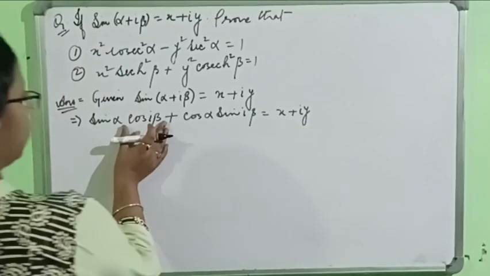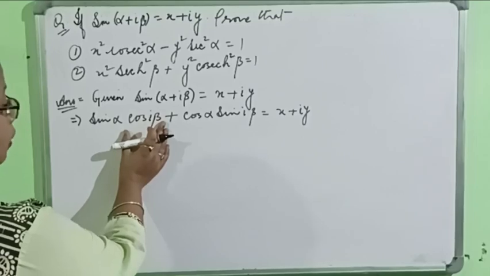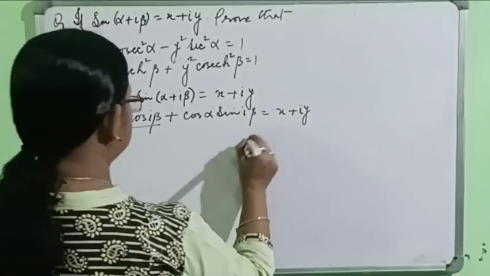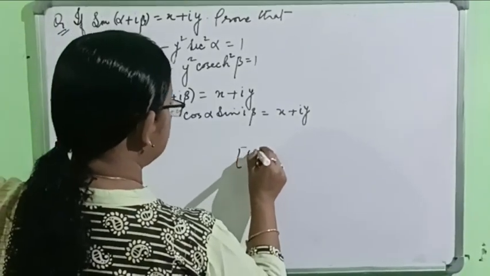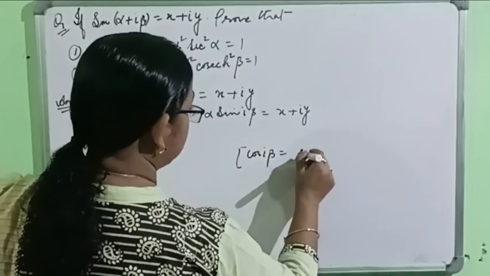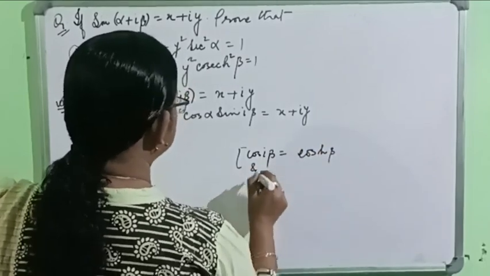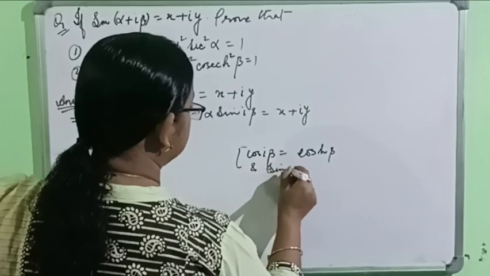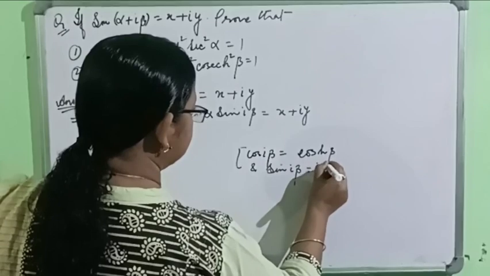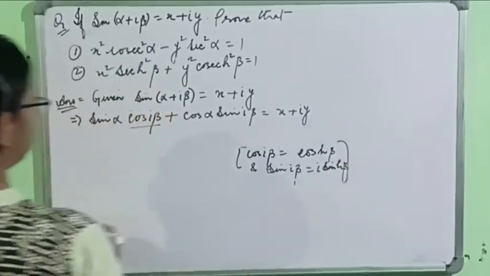Next, we will use the relation between circular function and hyperbolic function. That is, in place of cos i beta, I will write cos hyperbolic beta, and in place of sin i beta, I will write i sin hyperbolic beta.